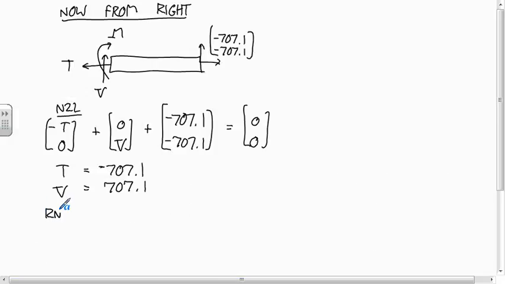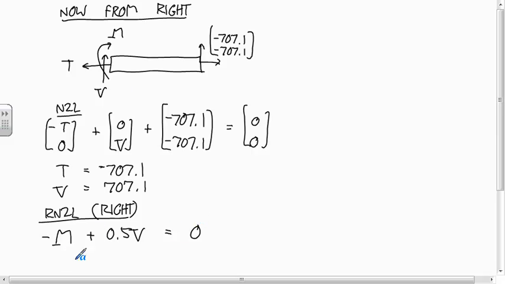And then the rotational equation with the about point on the right end. There's no moment produced by this. There is a clockwise moment produced by that couple M, so that's negative M. There's a clockwise couple produced by the moment arm of 0.5 times V. The tension doesn't produce any moment.